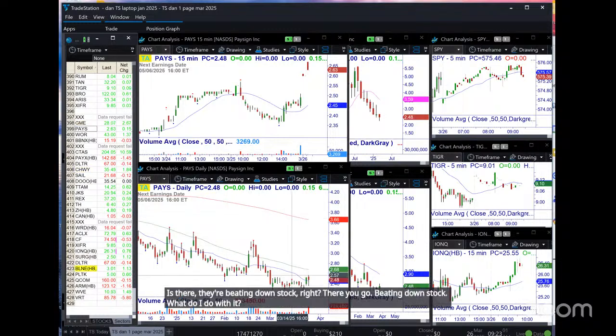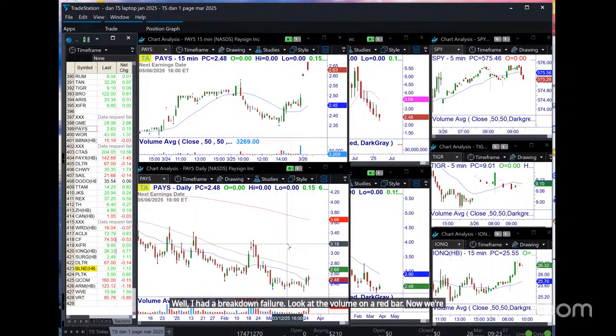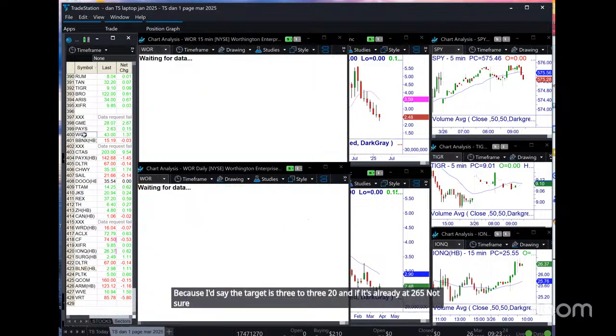Well, I had a breakdown failure. Look at the volume on a red bar. Now we're gapping over a red bar. Well, I might say the problem is the gap's too big now that I look at it. Because I'd say the target is 3 to 320, and if it's already at 265, I'm not sure about the reward to risk.